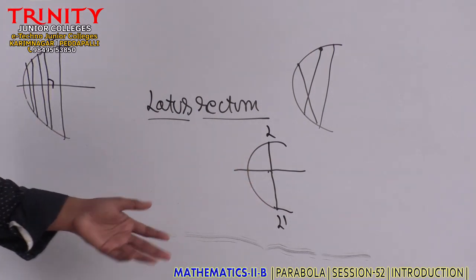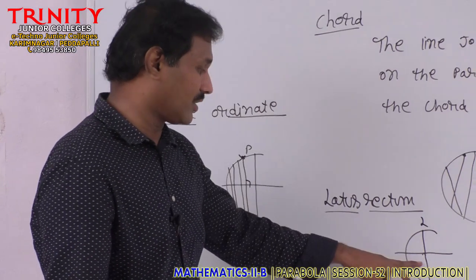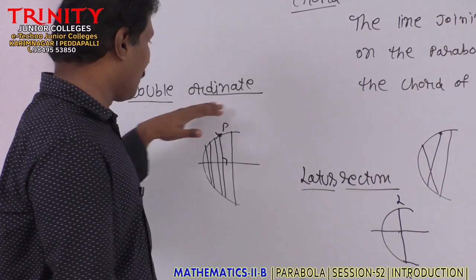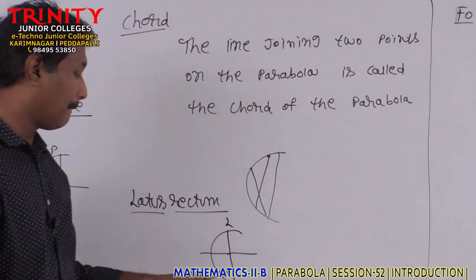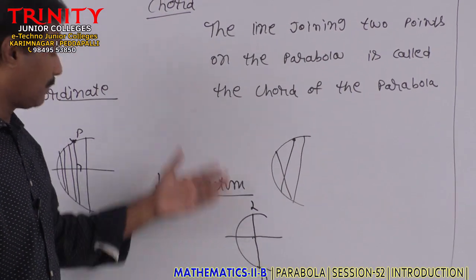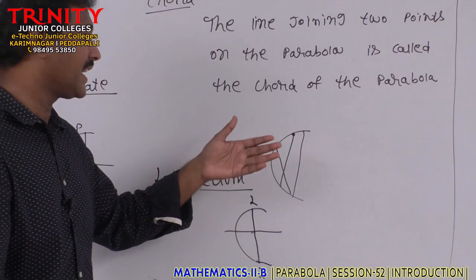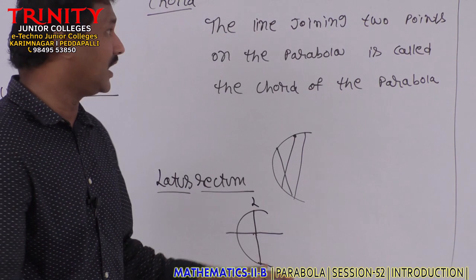A latus rectum is a double ordinate that passes through the focus, or a focal chord perpendicular to the axis of the parabola. Simply, a chord that passes through the focus and is perpendicular to the axis of the parabola is called a latus rectum of the parabola.